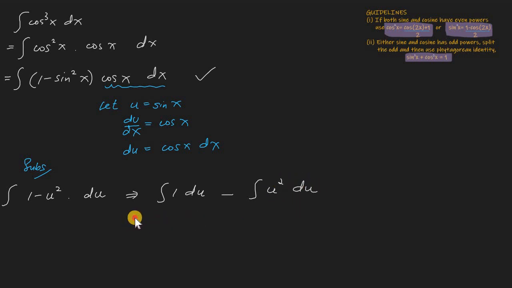The integral of 1 with respect to du is u, and for u square the formula gives u power 2 plus 1, that is 3. Let's replace back the u. The answer is sine x minus sine power 3 x on 3 plus c.